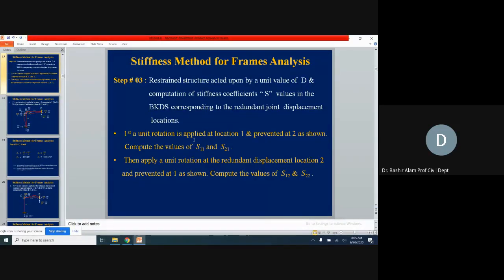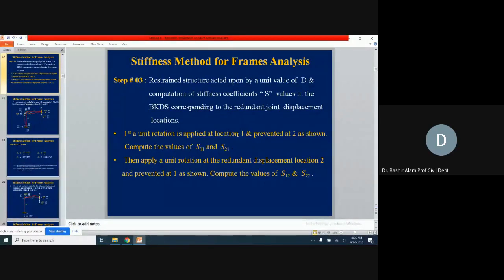In this case we only have location 2, because it is 2 degrees kinematically indeterminate. This way we compute the first column of the stiffness matrix, and its elements will be S11 and S21: S at 1 due to 1, and S at 2 due to 1.